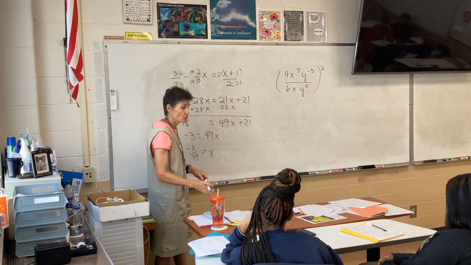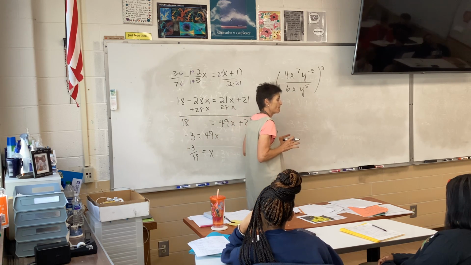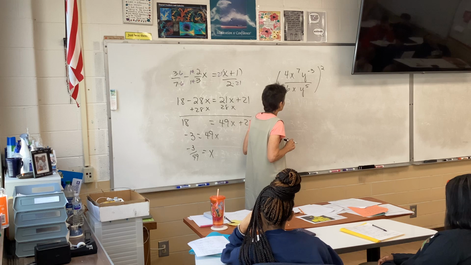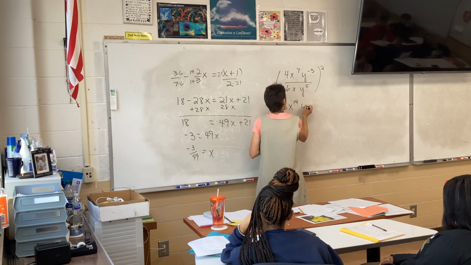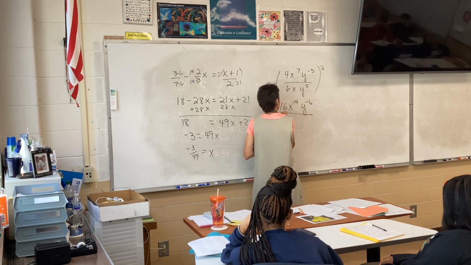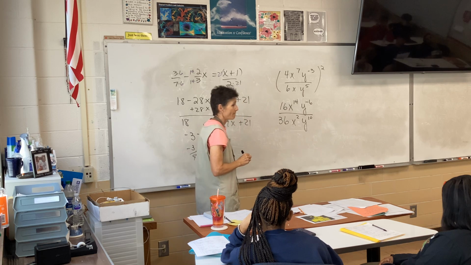All right, so what did you do first? There's lots of ways to start. How did you choose to start? I decided to square everything to the second power. So 16 x to the 14th, y to the negative 6 over 36 x squared y to the 10th. Okay, then what?